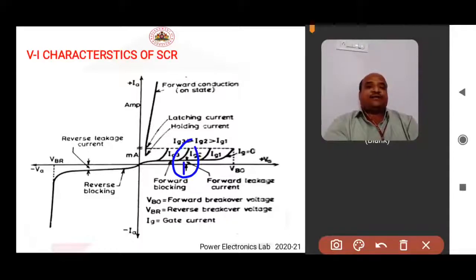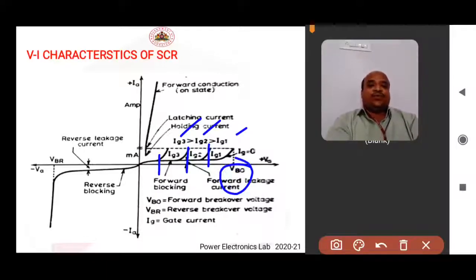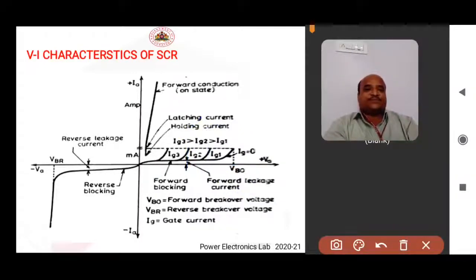Here the value of IG3 is more than IG2, which is more than IG1. As the gate current increases, the breakover voltage goes on decreasing. As you can see here, it is less than the VBO, which is the breakover voltage without the gate current.